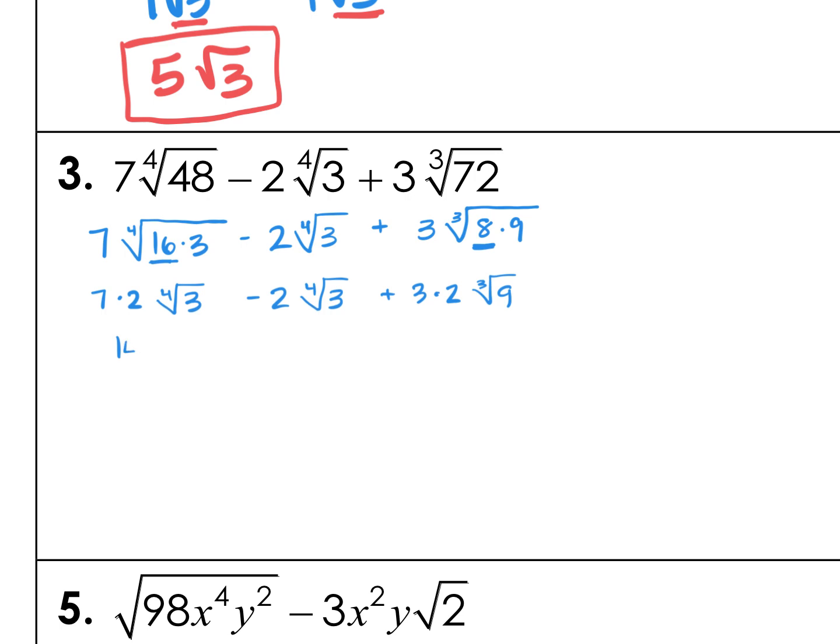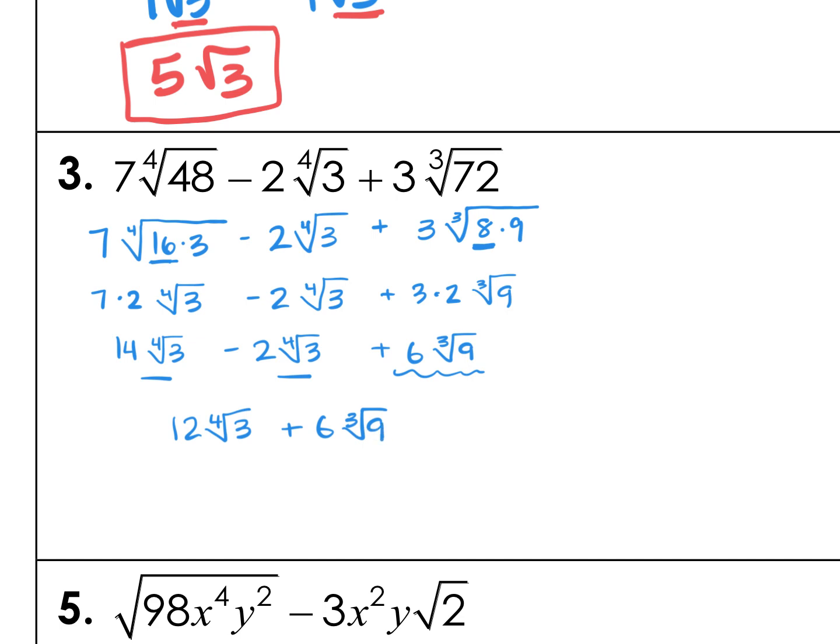So this is 14 fourth root of 3 minus 2 fourth root of 3 plus 6 cube root of 9. Combine the like terms together, so 14 minus 2 would be 12 fourth root of 3, and then this one is all by itself. But that is the simplified form.